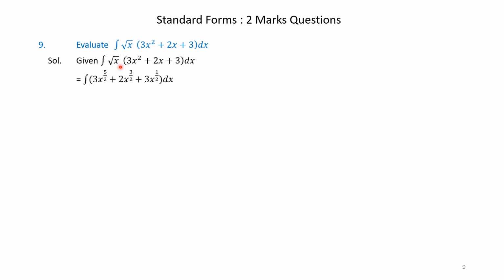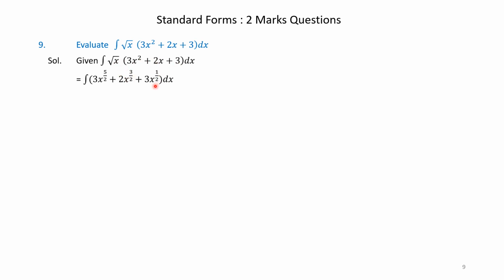Therefore, multiplying the variable term with the polynomial or the quadratic equation, we get 3 into x to the power of 2 plus half. 2 plus half is 2 and a half, that is 5 by 2, plus 2 into x to the power of 1 plus half, 3 by 2.